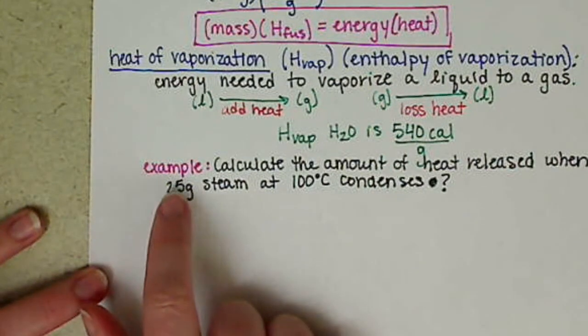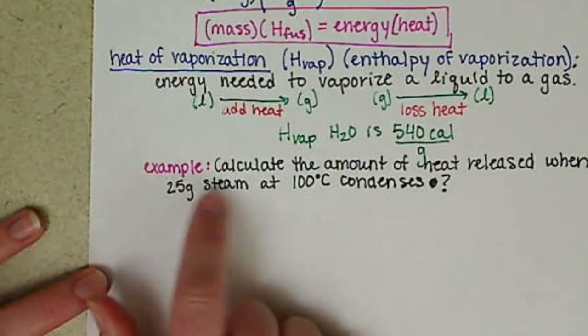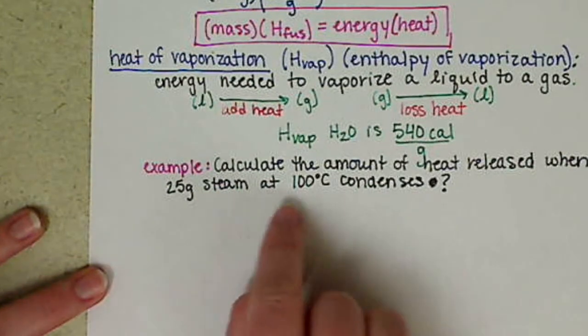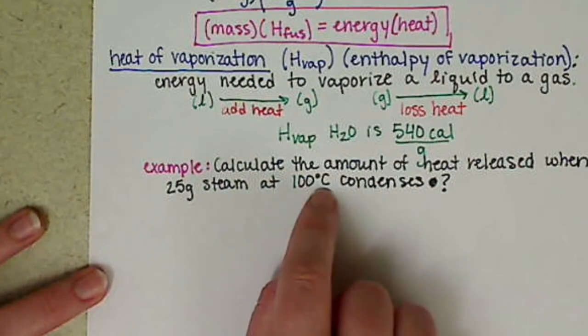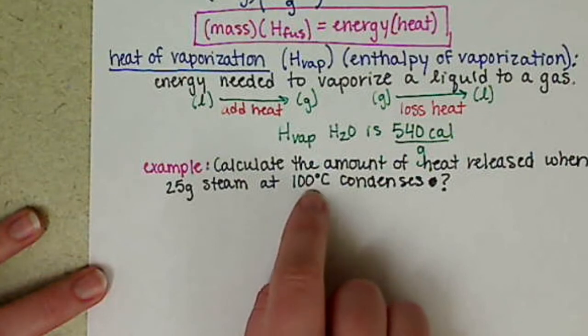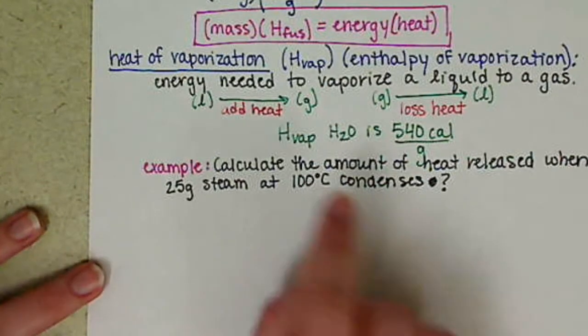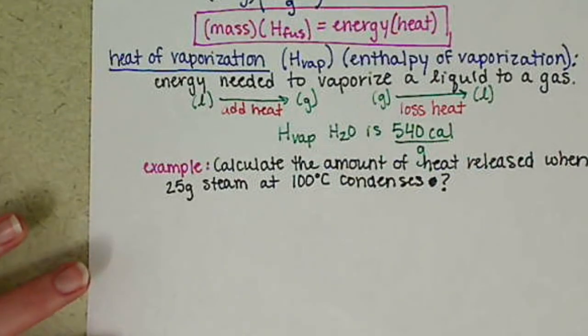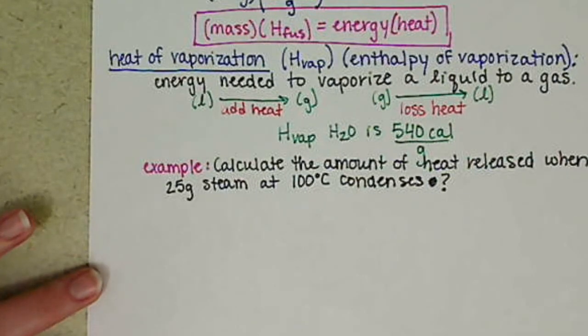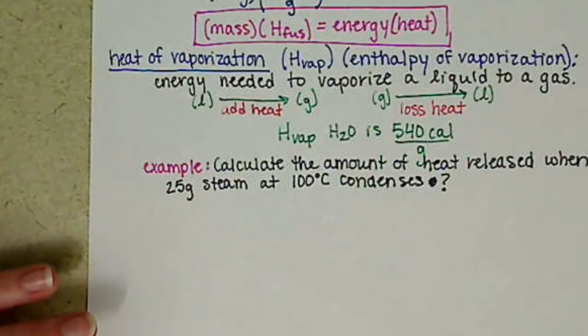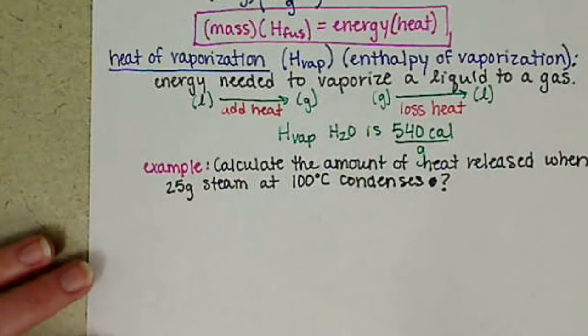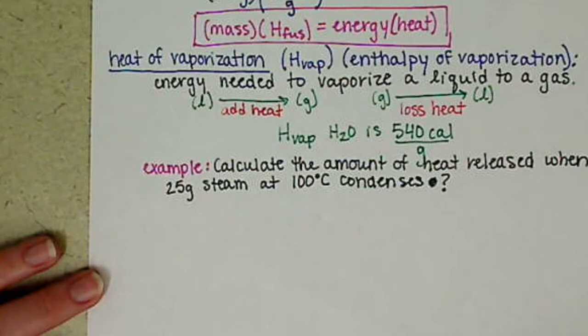And we know that the mass of our steam is 25 grams. This 100 degrees Celsius just tells us that we're at the boiling point of water, so there are no other energy changes going on. We'll talk about that more in section 2.5, and then we're going to combine 2.4 and 2.5. So stay tuned for more on that.